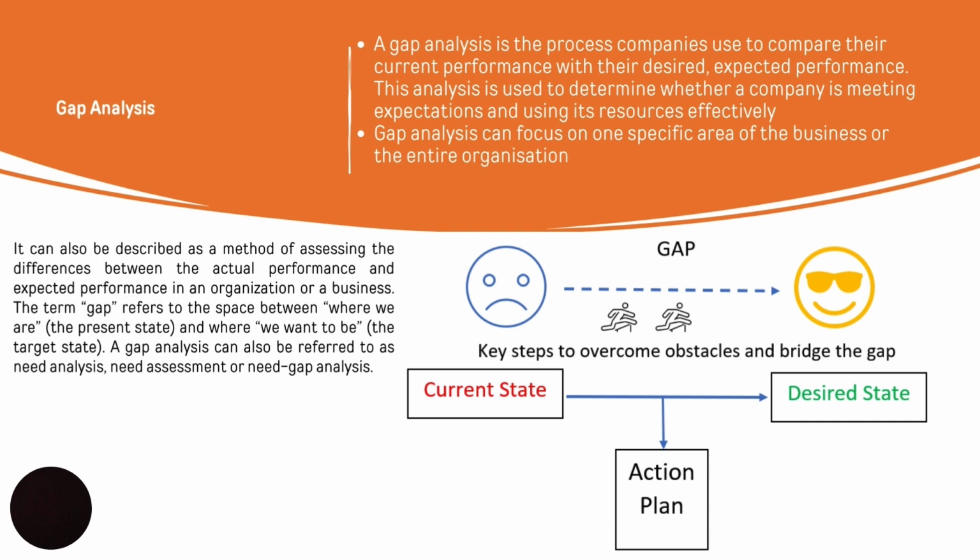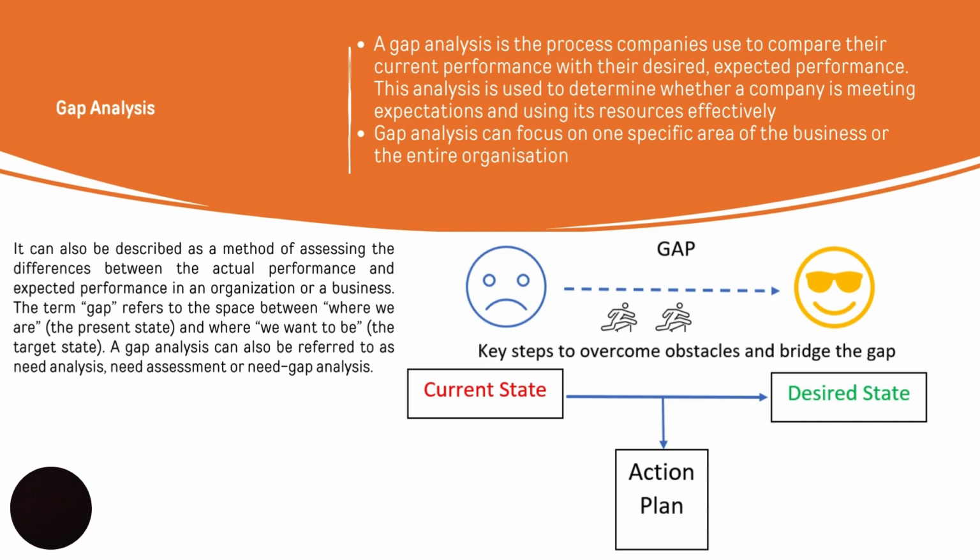The term gap itself refers to the space between where we are now, which is your as-is state, and where we want to be. Or put differently, it is the space between where the organization currently is and where they want to get to.